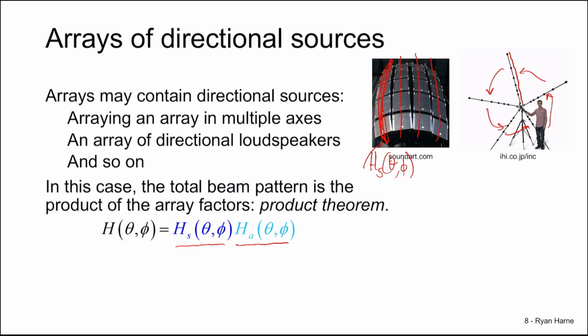And then, given the array in the other dimension, this would be our array factor, h of a, of theta and phi. And the product of these two array factors is the total beam pattern. And this principle is called the product theorem.